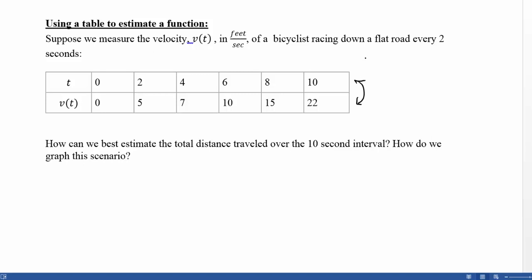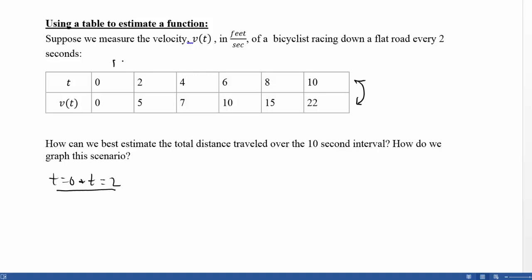So what I want you to notice here on my table is that my time units are equally spaced. Between every two numbers is 2 seconds, so we're counting by twos, which means that we can break this down into small 2-second intervals. So we're going to consider what happens between time equals 0 and time equals 2.